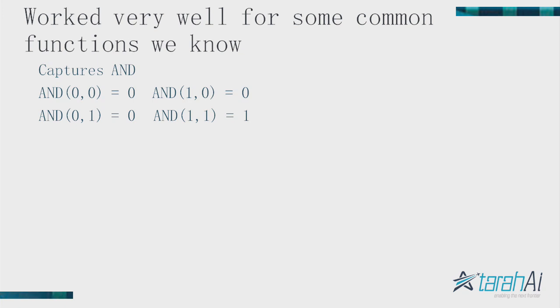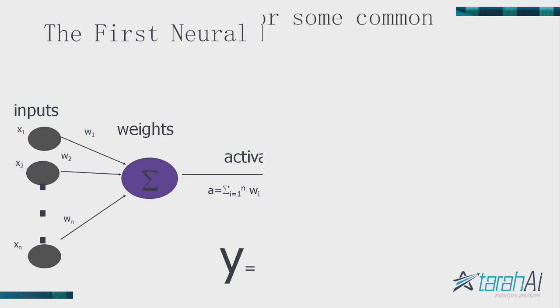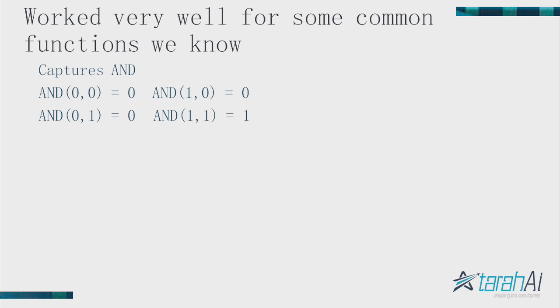Now, let us assume that we are trying to draw x1, x2, then x0, which is a constant, and there is a connector which connects to sigma wi xi. Then there is a threshold k. It specifies that if sigma of wi xi is greater than or equal to k, give me 1. If sigma of wi xi is less than k, it gives you 0.